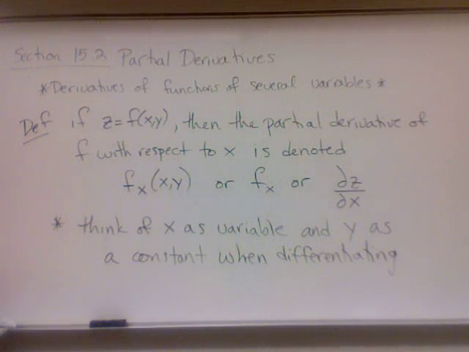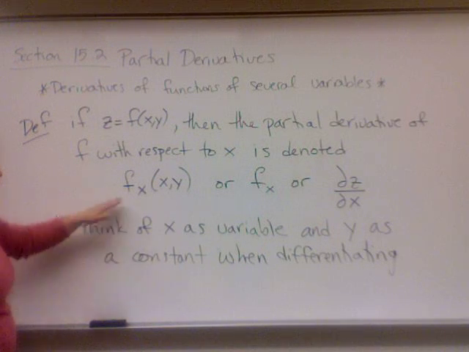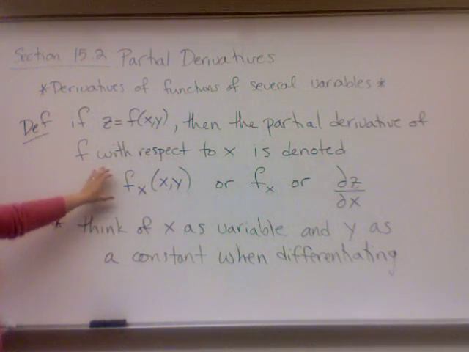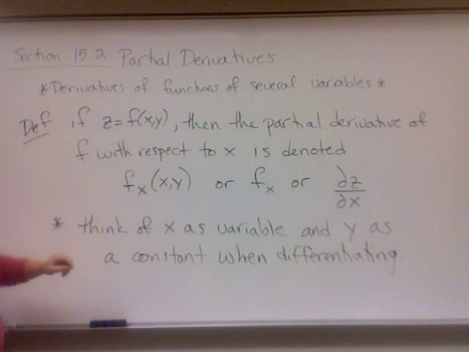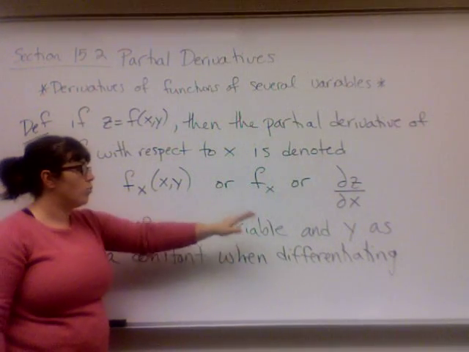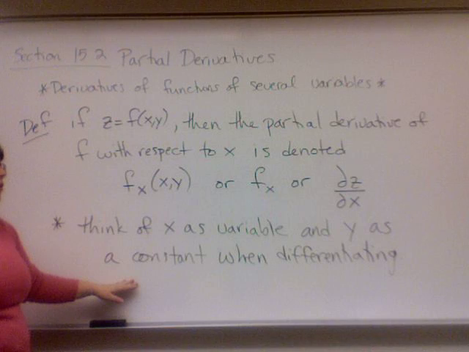So we take derivatives as we usually do. All of our rules apply like we've had before. But when we're taking these partial derivatives, this is just one kind, f sub x, we have to think of x as the variable and y as a constant. And we'll do an example in just a second.